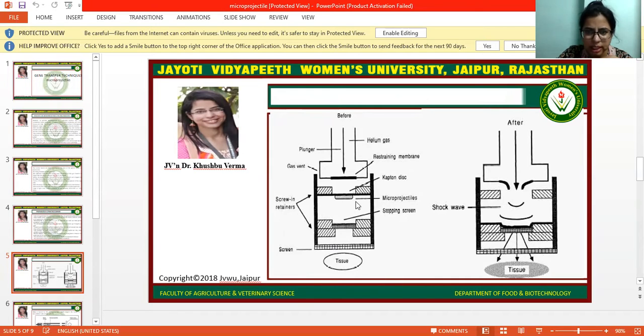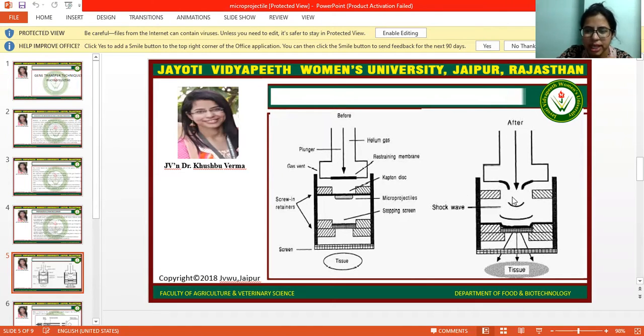So this is the complete arrangement of the microprojectile before the projection. After the particle bombardment starts, you can see here the plunger will be released and the restraining membrane will break down, because the plunger will cross it completely and rupture it, and helium gas will be released.